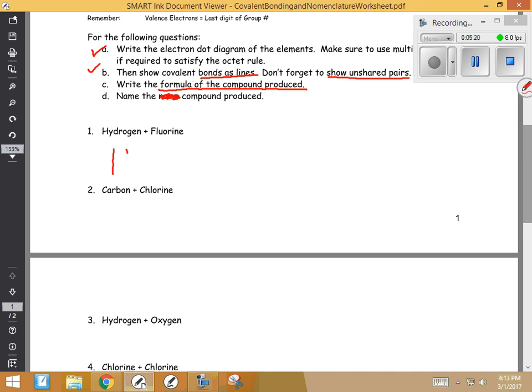We have hydrogen. It's in group 1. It has 1 valence electron. We react it with fluorine. Let's do fluorine in a different color. Fluorine, which is in group 17, 7 valence electrons. 1, 2, 3, 4, 5, 6, and 7. So, here are the 2 electrons that can be shared in a covalent bond between hydrogen and fluorine.